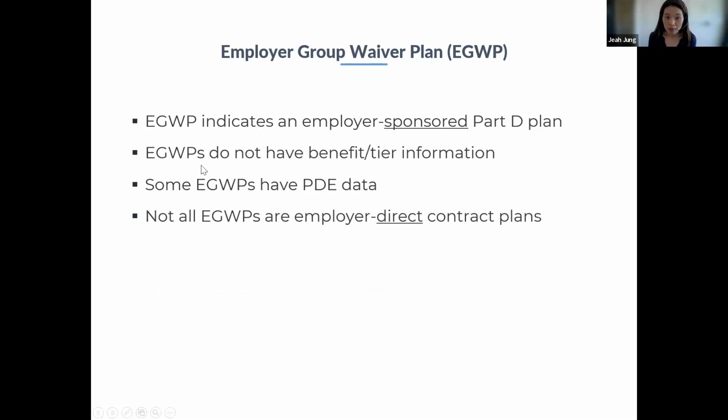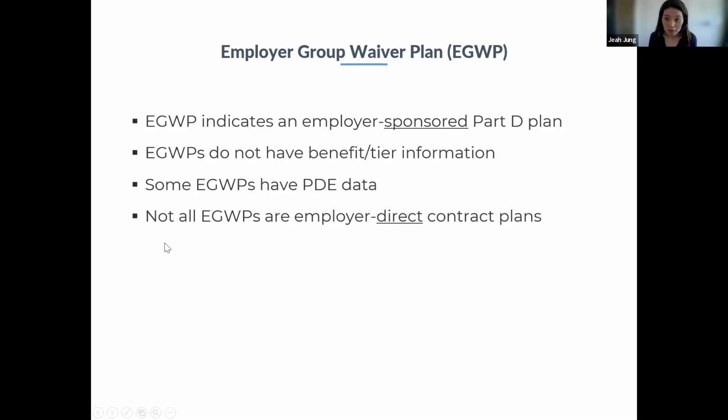EGWIPs are not required to submit any benefit or tier information, so you will not get to see benefit or tier cost sharing information for EGWIPs. Some EGWIPs do have PDE data. I think we see more and more PDE data from EGWIPs, but I'm not sure. In earlier days, I found more cases where we couldn't identify PDE data for EGWIPs, but it seems like it populates more these days.